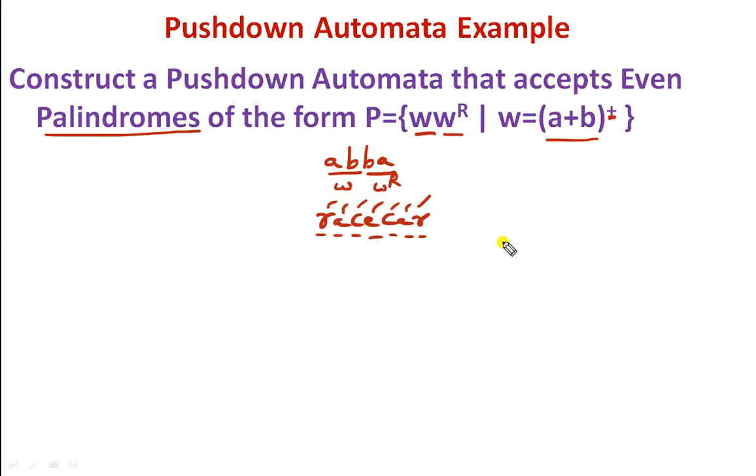So if you reverse this particular string, then also it will give the same string. So such strings are called palindromes.